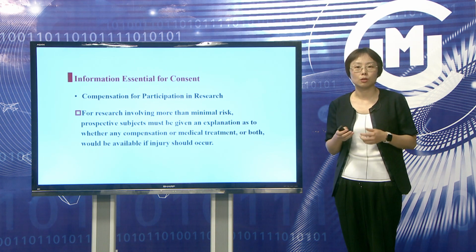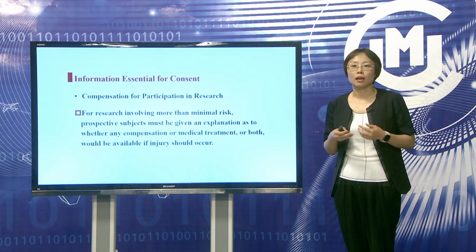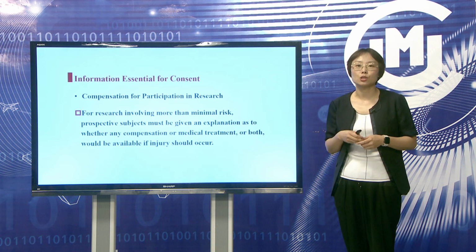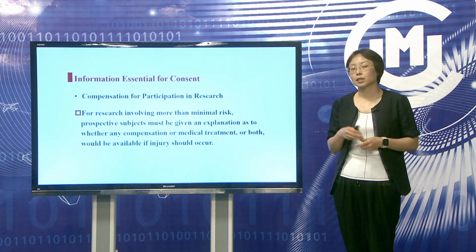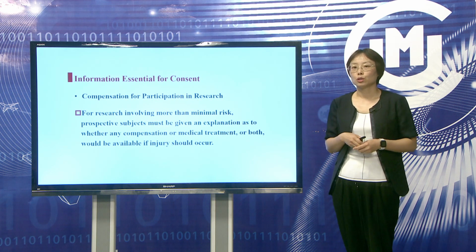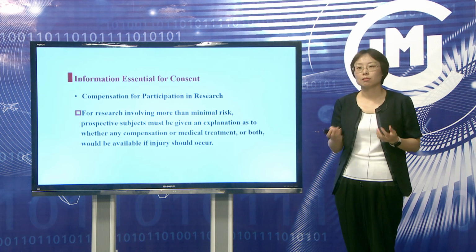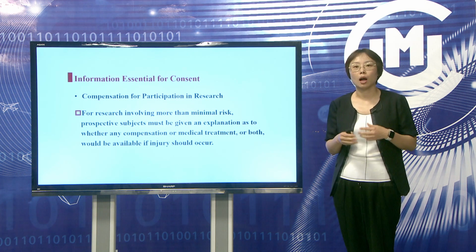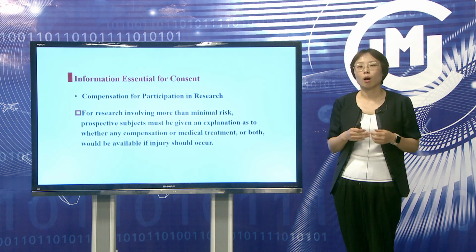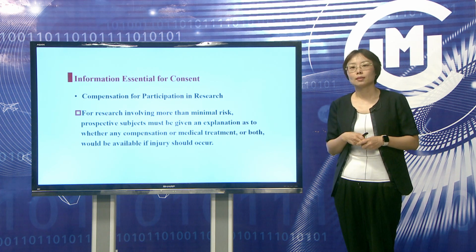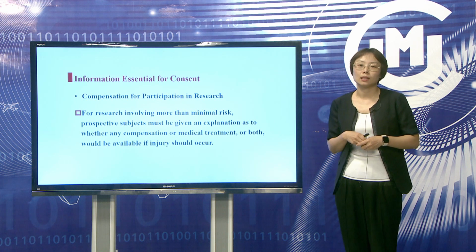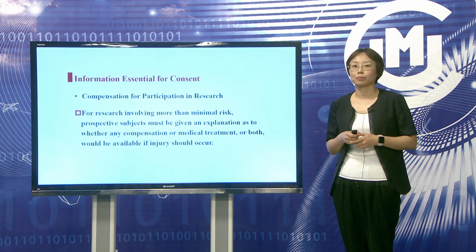Potential subjects also need to know whether they will receive a small financial payment, for example, $10 to $30, or other equivalent incentive to compensate them for time and effort related to study participation.